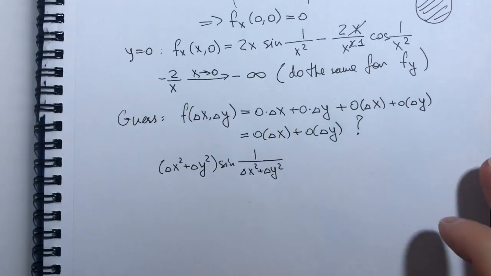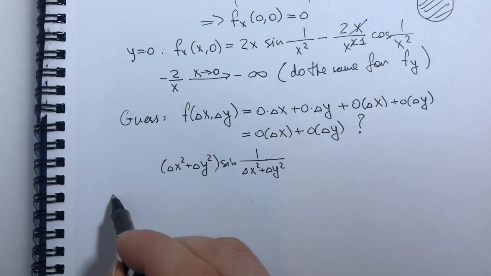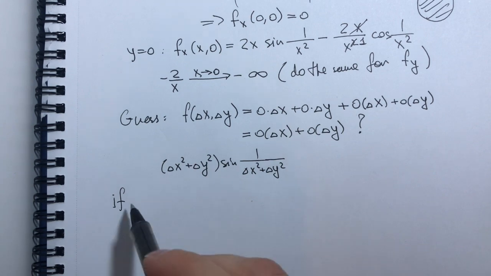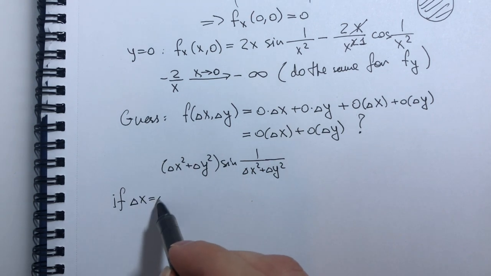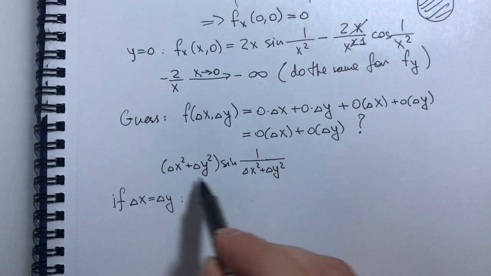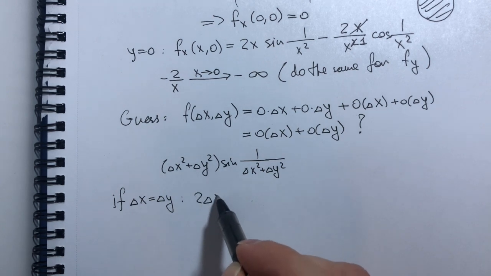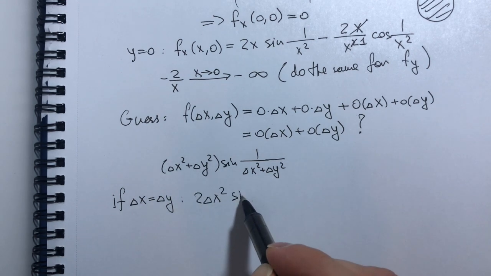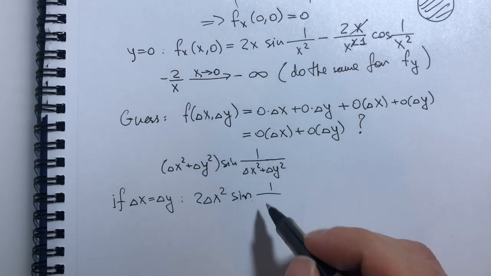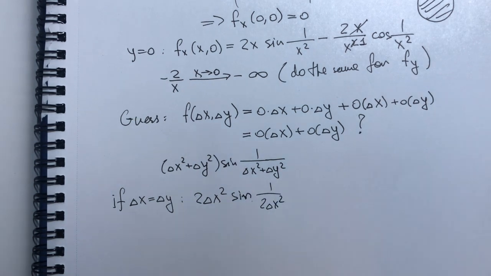And we're going to use the same trick. So if delta x equals delta y, this becomes 2 delta x squared sine 1 over 2 delta x squared.